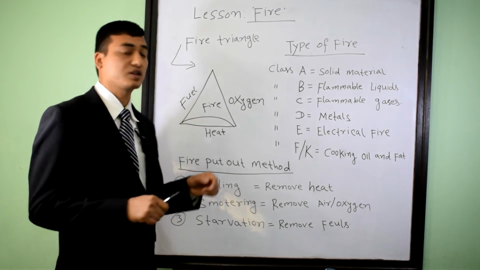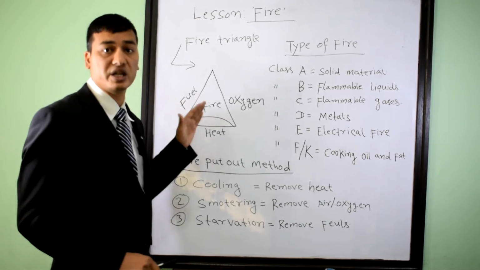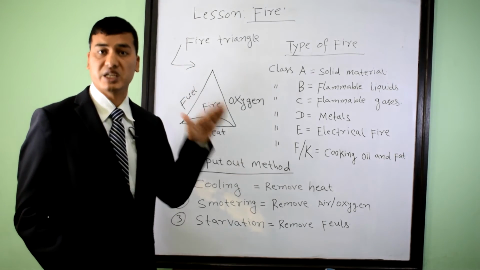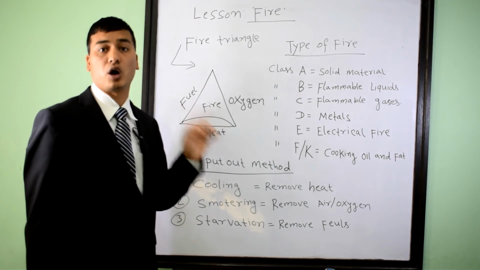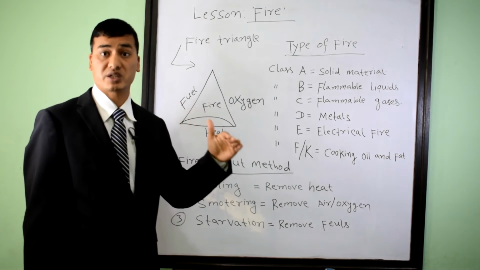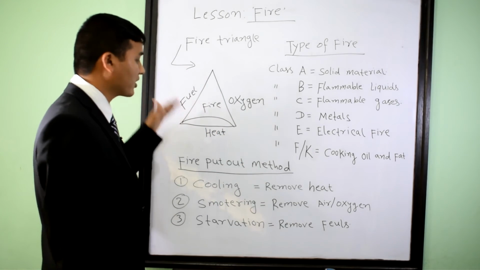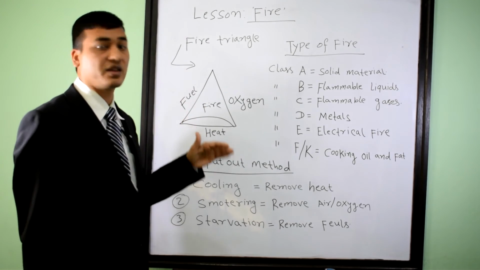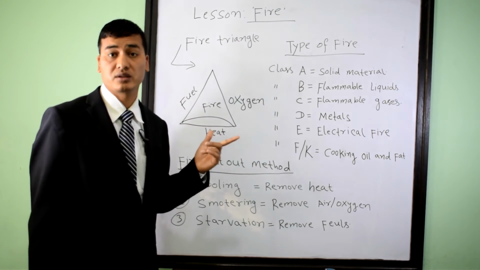The water decreases the heat, and when the heat decreases, the fuel will not burn. The fuel requires enough heat for combustion, right? If the heat is taken out of the fire, then the fuel will not burn.